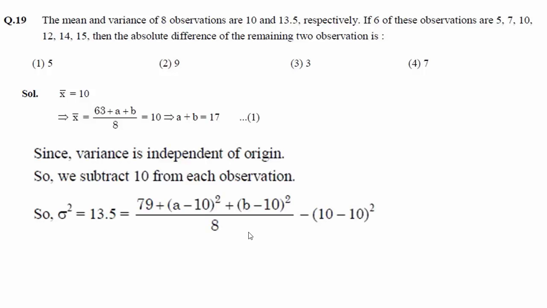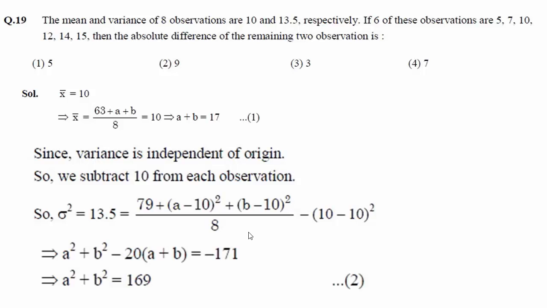Since variance is independent of origin, we can subtract 10 from each observation. So, sigma square equal to 13.5. This implies that (79 plus (a minus 10) square plus (b minus 10) square) divided by 8 minus 10 square.